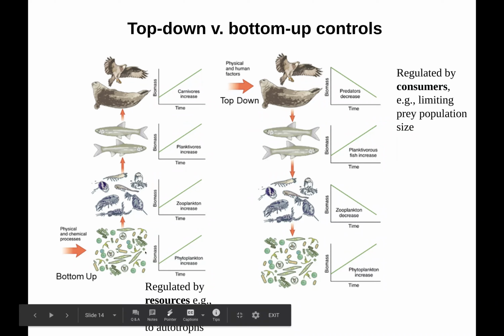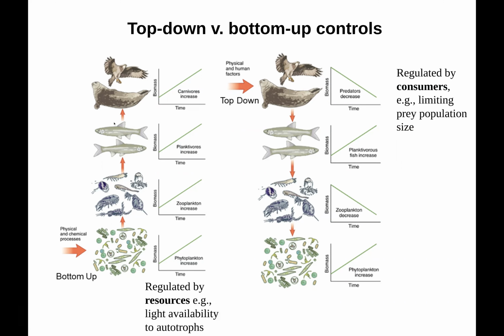The bottom of every food chain pretty much is going to be photosynthetic organisms. So if I have lots and lots of nutrients, nitrogen and phosphorus, I increase the biomass of my primary producers. If there's more primary producers, that means there's going to be more zooplankton feeding on them.